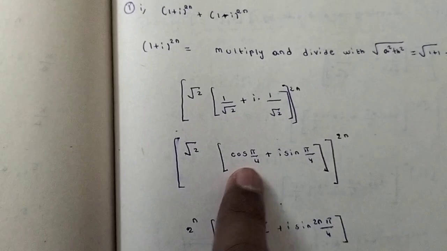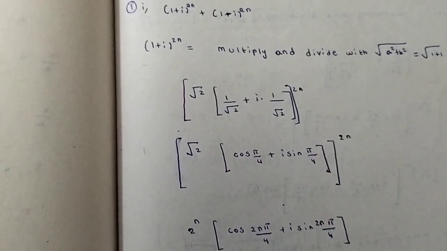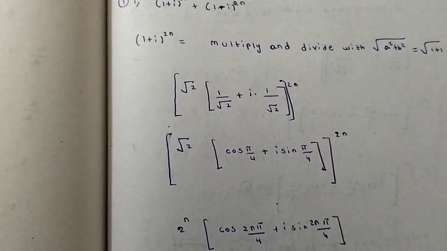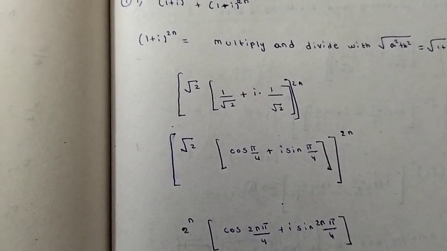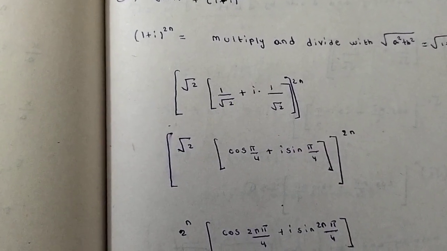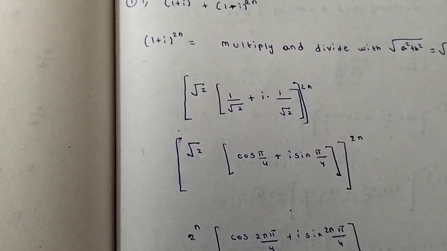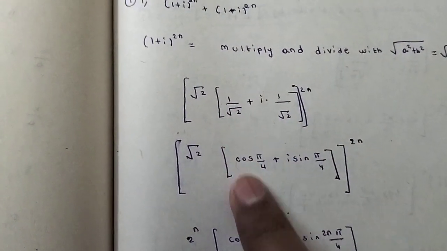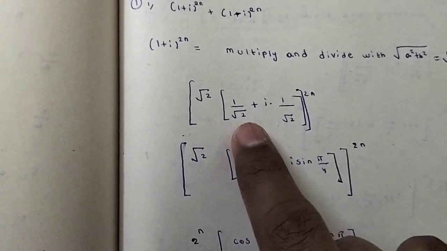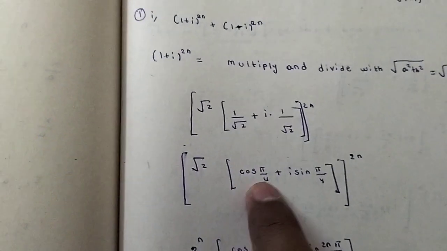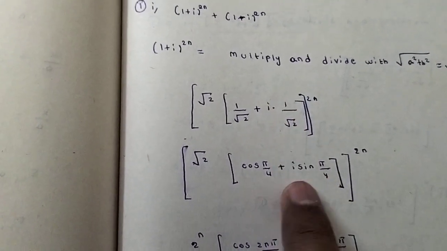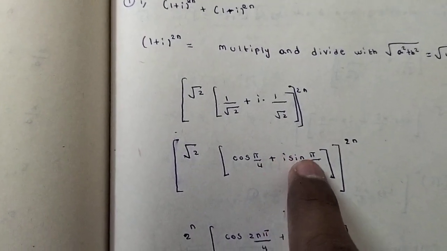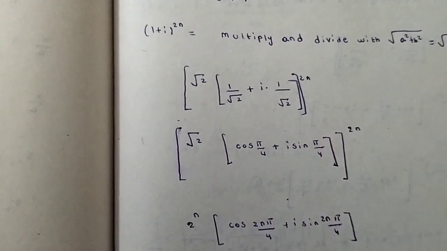What does de Moivre's theorem state? Here, whatever is there, we should convert it into cis θ, that is cos θ + i sin θ. So this 1/root 2 I am taking as cos π/4, because it is the value of cos π/4, and i into 1/root 2, it is the value of sin π/4, and additionally i is there. So i sin π/4, whole to the power of 2n.